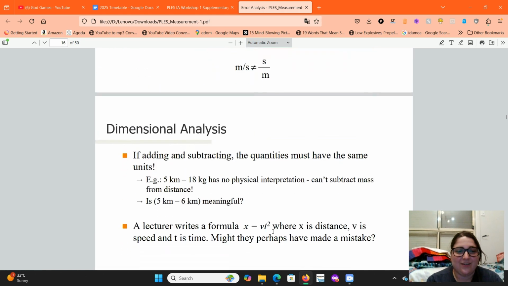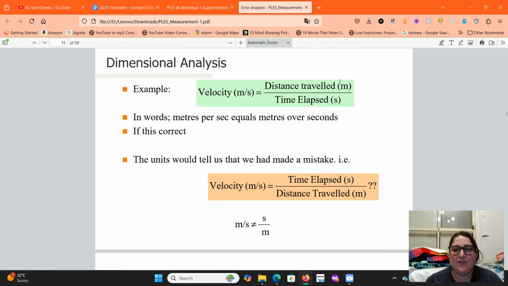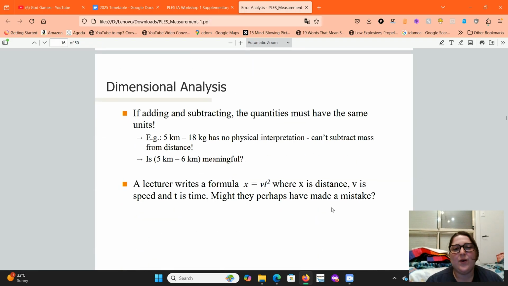So you've got to make sure that you write things correctly, and that when you have the unit, if you were to write it in a formula, it would be correct. This is correct. This is not correct. If you are adding or subtracting, the quantities must have the same units. For example, 5 kilometers minus 8 kilograms has no physical interpretation.